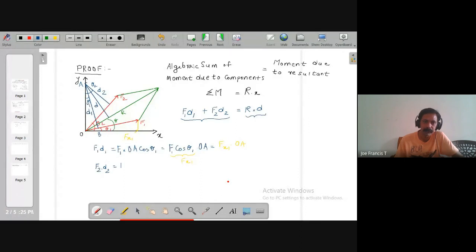So it becomes F2 into OA cos θ2. Or if you just rearrange this, it becomes F2 cos θ2 into OA. Now, as I did earlier, I'm not going to draw it again. This term F2 cos θ2 is Fx2. Or you can write this as Fx2 into OA.